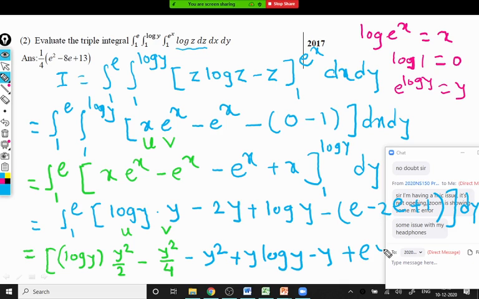Yes, it will be minus minus, plus ey. And the last one is minus y. The limit of y is 1 to e. So the integration is finished. The simplification and integration is done in a single step there. Now only the last step is left. We have to substitute the upper and lower limits and we will get the required answer.